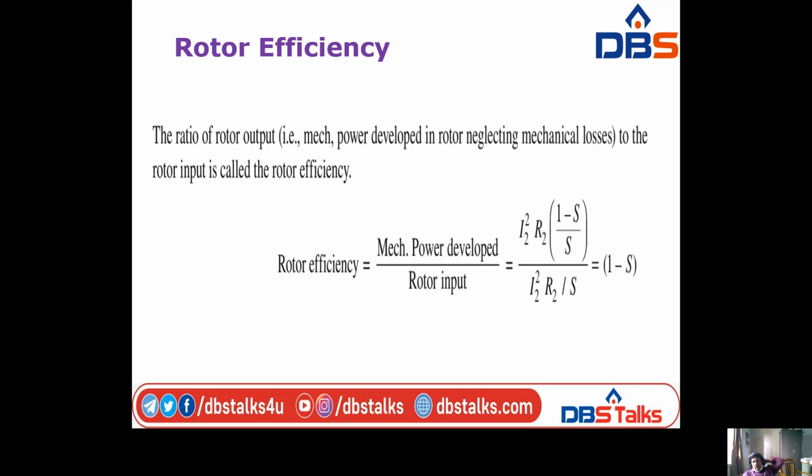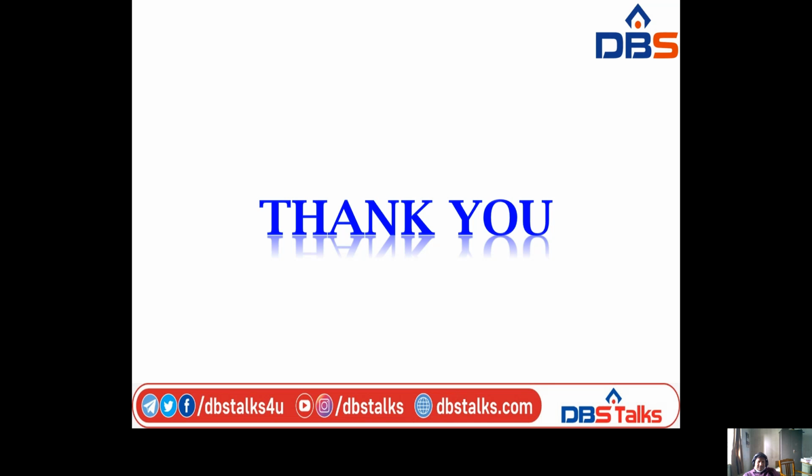Rotor efficiency is equal to mechanical power developed by rotor input, that is I2 square R2 (1 minus S) by S divided by I2 square R2 by S. So S cancels, I2 square R2 also cancels. Therefore, rotor efficiency is equal to 1 minus S.